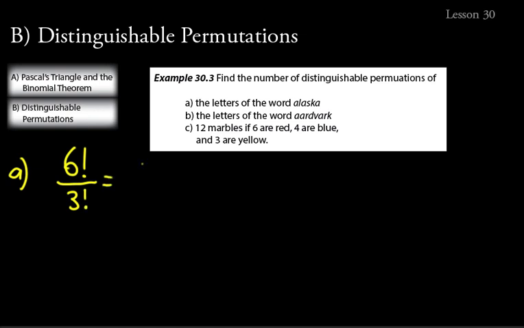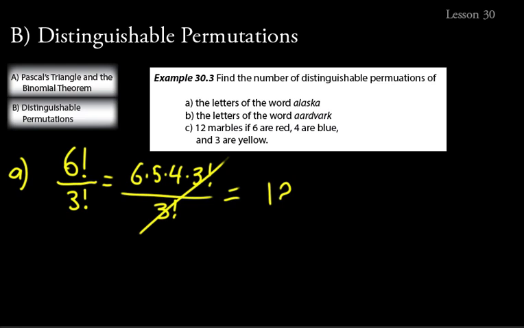And so we get 6 times 5 times 4 times 3 factorial over 3 factorial. Those cancel and we're left with 6 times 5 is 30, times 4 is 120. That would be the number of distinguishable permutations in the letters of the word Alaska.